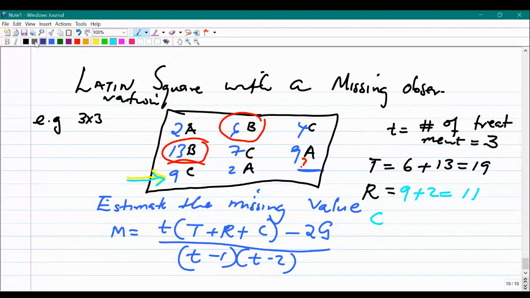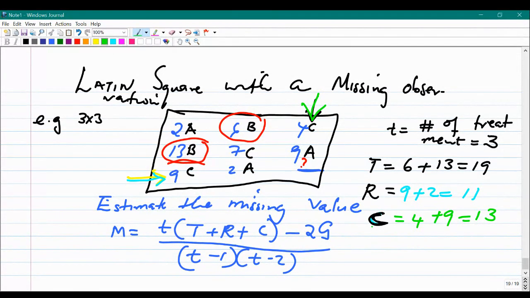C is the column where there's a missing observation, so it will be 4 plus 9, which is 13.